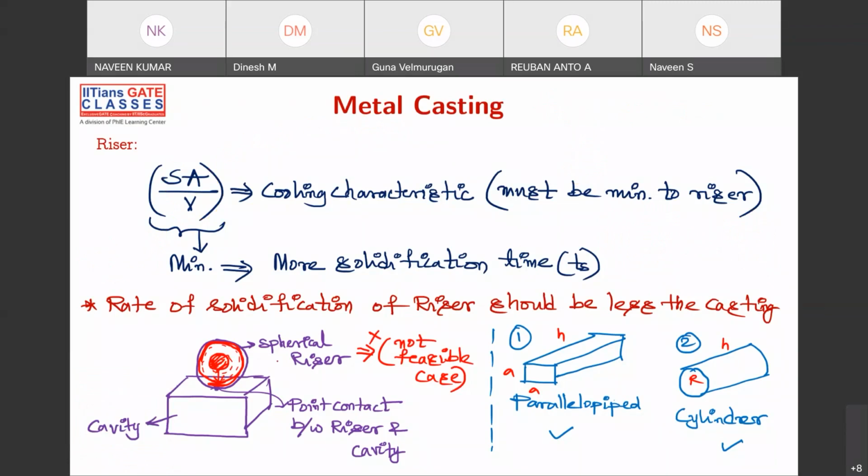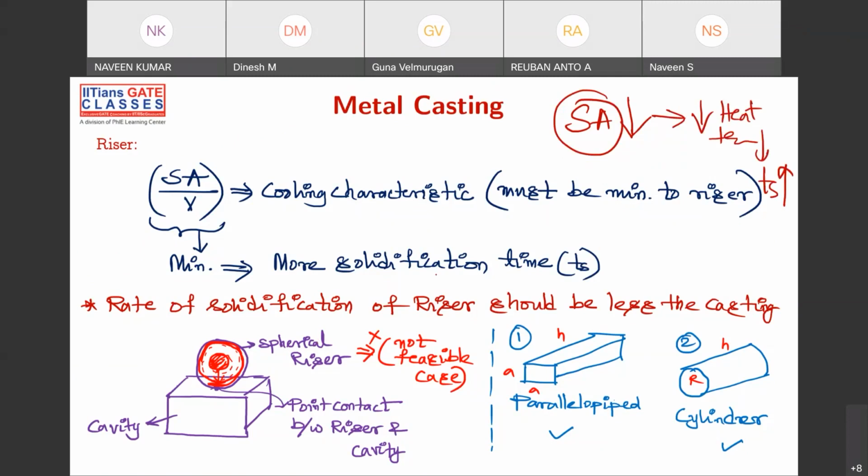Now the riser should be such that its surface area is as small as possible. Less surface area leads to less heat transfer, which leads to more solidification time. With less heat transfer, the heat dissipates slowly, so the riser takes much more time to solidify.